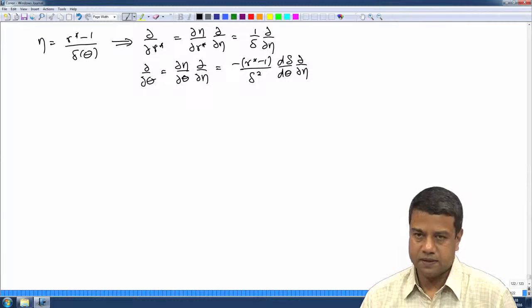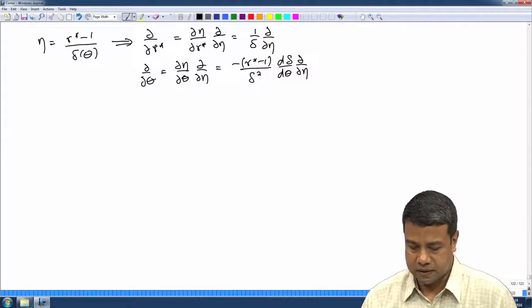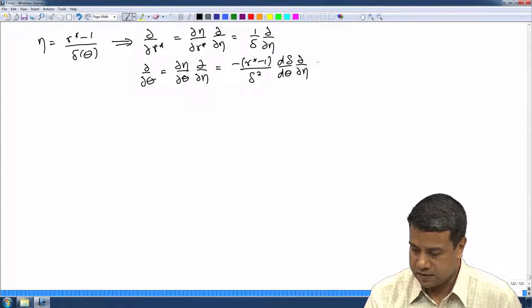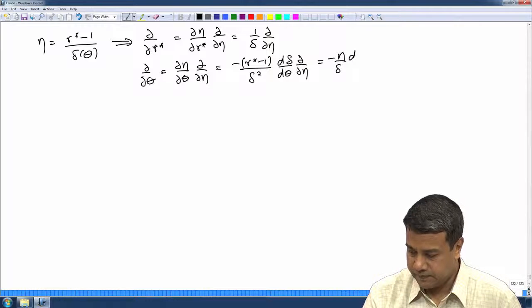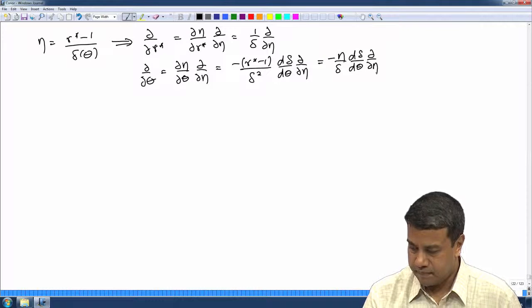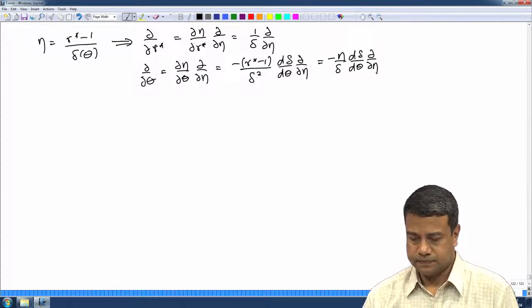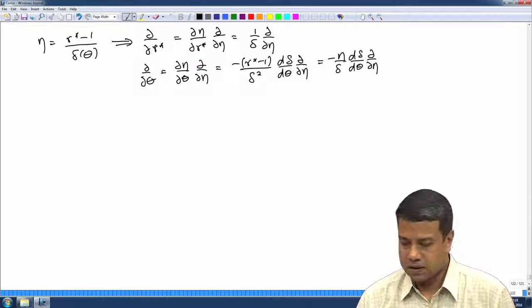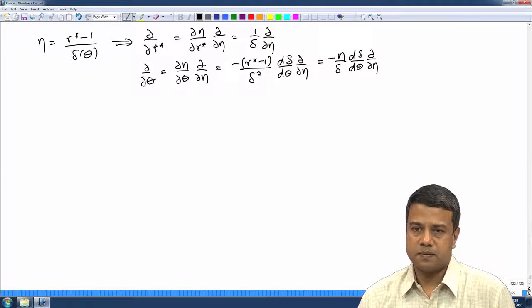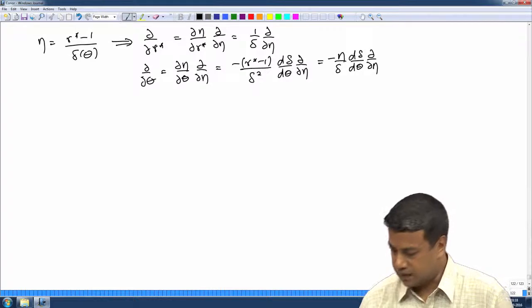And this I can re-express back in terms of eta, because eta is r star minus 1 by delta. So, I can write this as minus eta by delta. So, those are the derivatives in terms of the similarity variable.